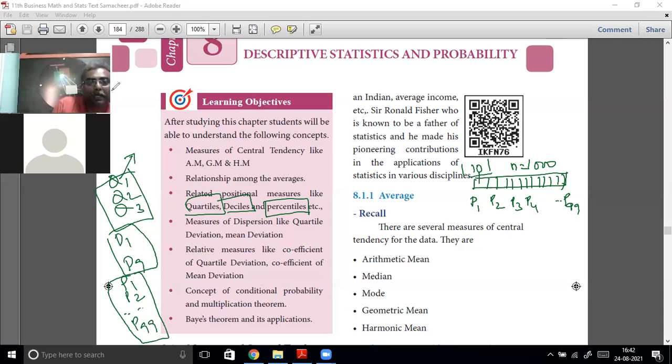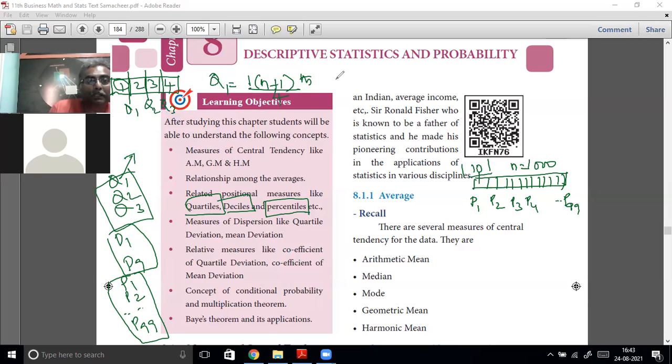Suppose you have 1, 2, 3, 4, divided by Q1, Q2, Q3. Now, what is the first item? Q1 is equal to 1 into (n plus 1) item by 4, the 4th item.